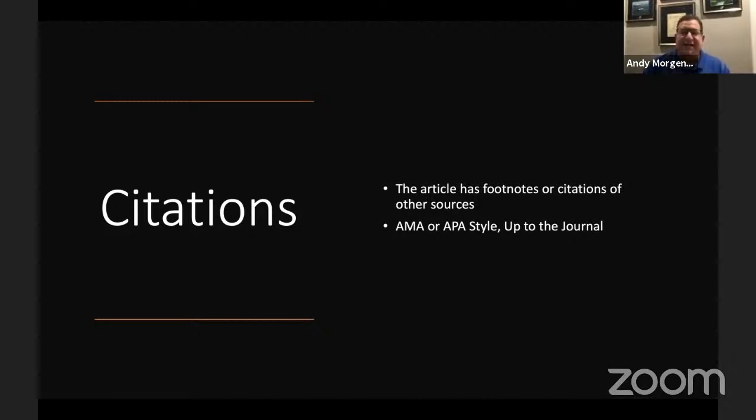Also, you want the stuff you cite in your peer-reviewed journal article to be current. Generally speaking, a good rule of thumb is that for whatever paper you're writing, 75% of the articles you're citing should preferably have been written within the last 5 years. That's just what I think to myself. Why is that?